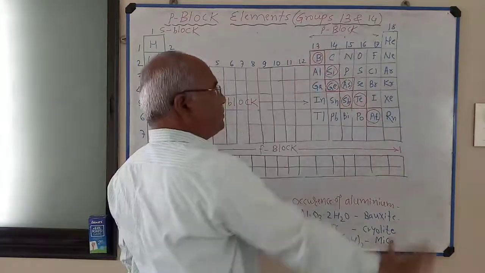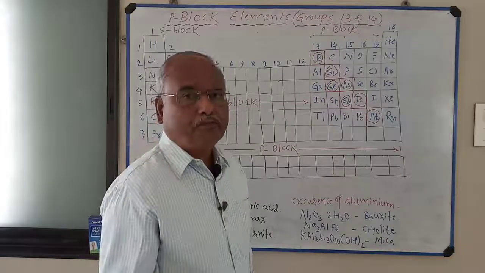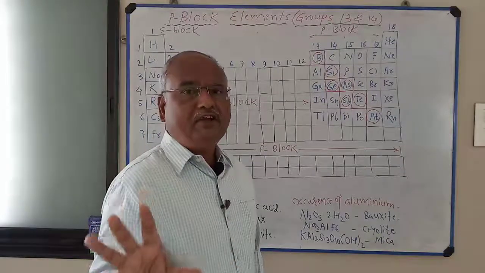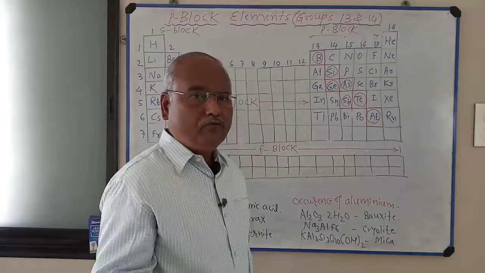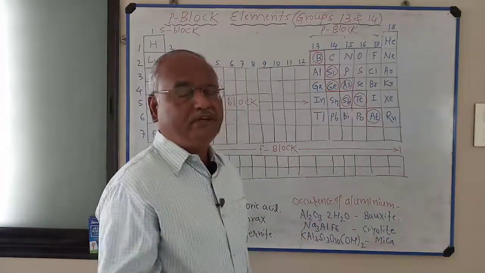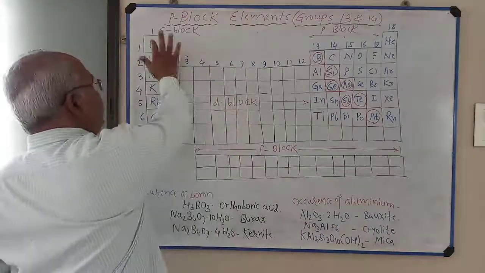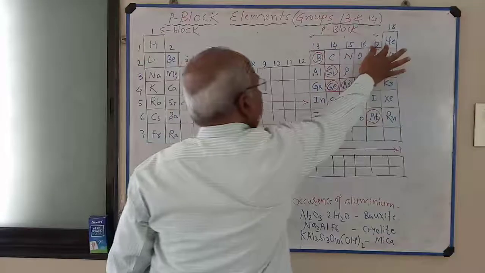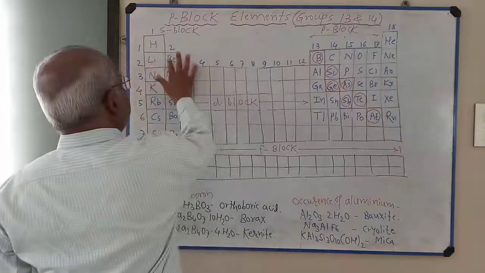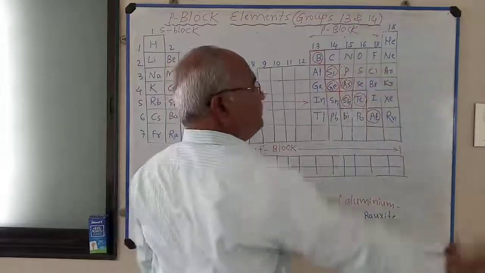In group number 13, the first element boron is present. Before that, I shall tell you one clue on how to remember the first 10 elements. Remember them just like a poem: H, He, Li, Be, B, C, N, O, F, Ne.